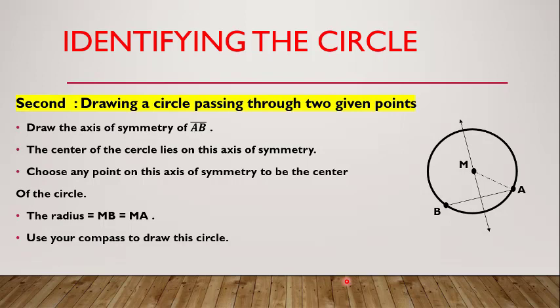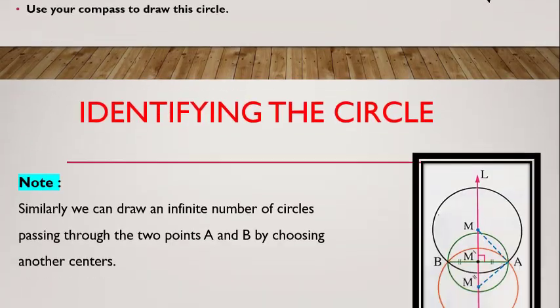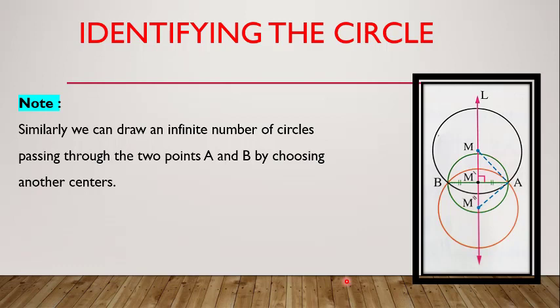So we can draw an infinite number of circles because we can choose an infinite number of centers. Okay, here for example, if you choose M, you will draw a circle. If you choose M dash, another circle. If you choose M double dash, another circle. So we can draw an infinite number of circles passing through the 2 points A and B by choosing other centers.